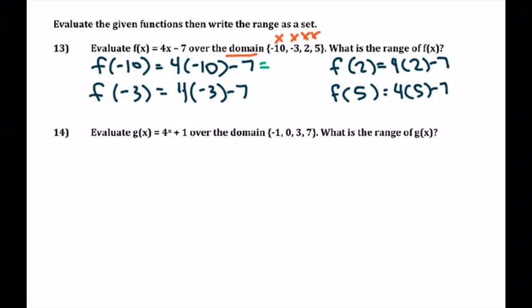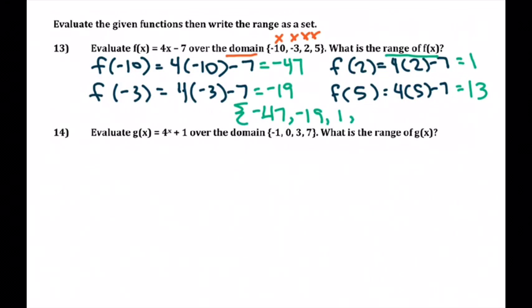So evaluating each of those, I get those numbers. So the question is, what is the range? And the answer to that is each of the range values in order. That's the answer. So trying the next one, g of x equals 4 to the x plus 1, and my range are those four numbers.